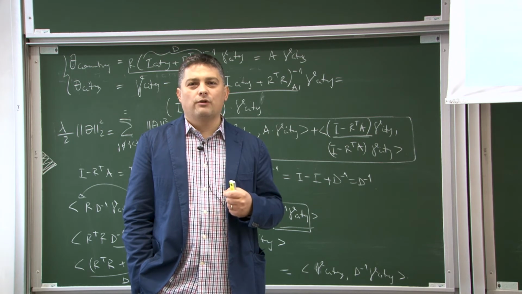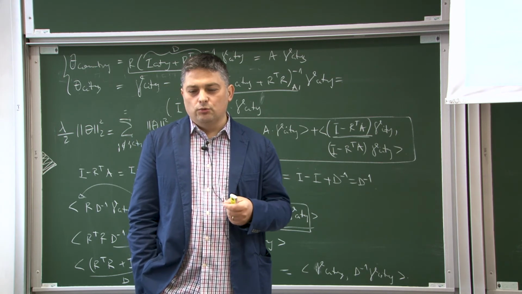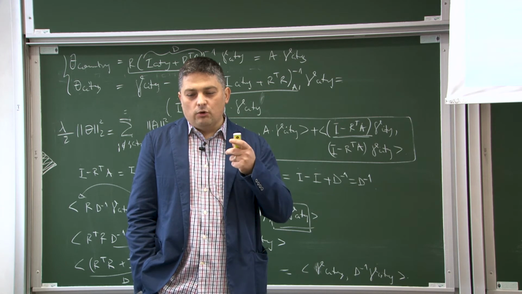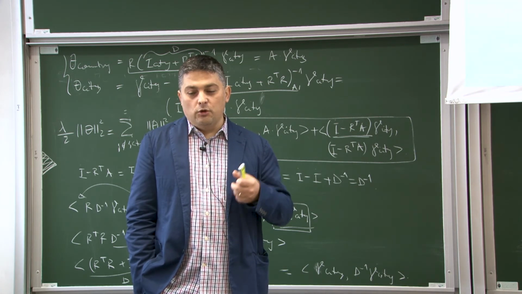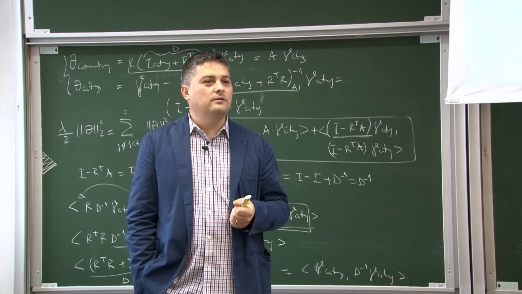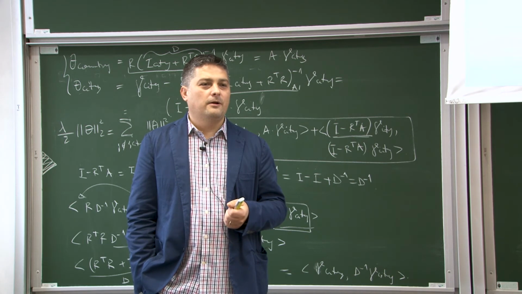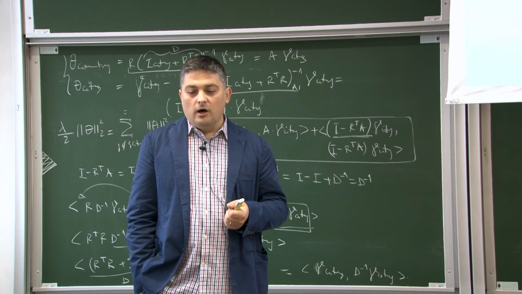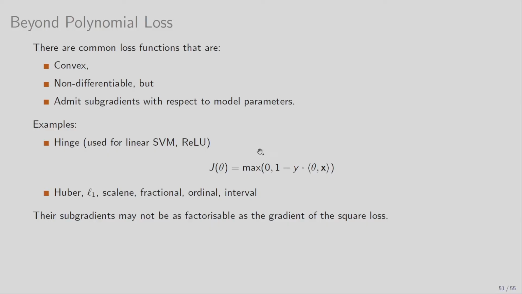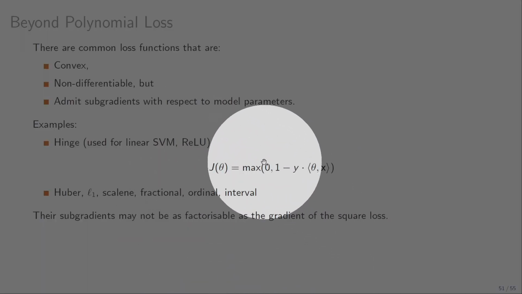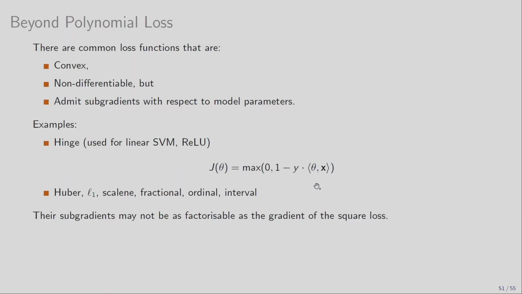So one line of work, which we are going to publish very recently, is on using hinge loss. And then you can do SVM, you can do ReLU, right? These rectifiers used in neural nets. And here, if you look at the loss function, it is a maximum of 0 and something which depends on the data.